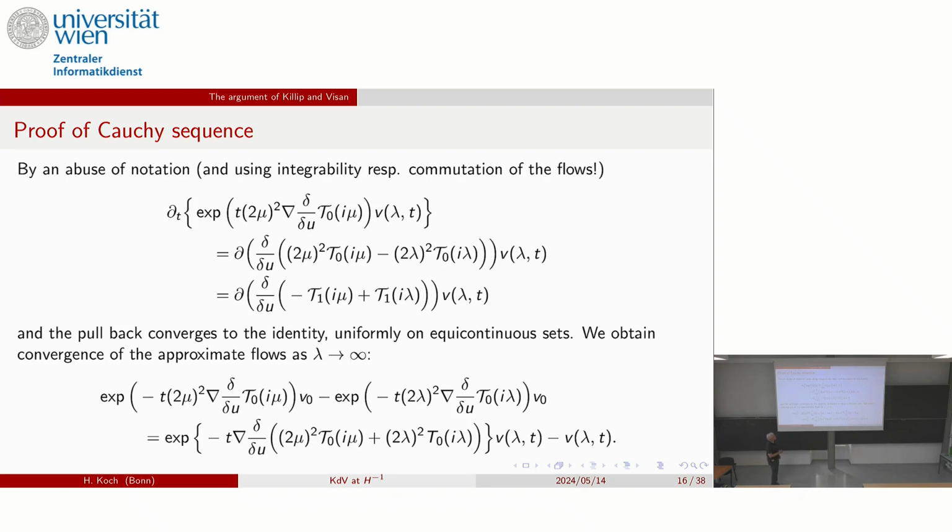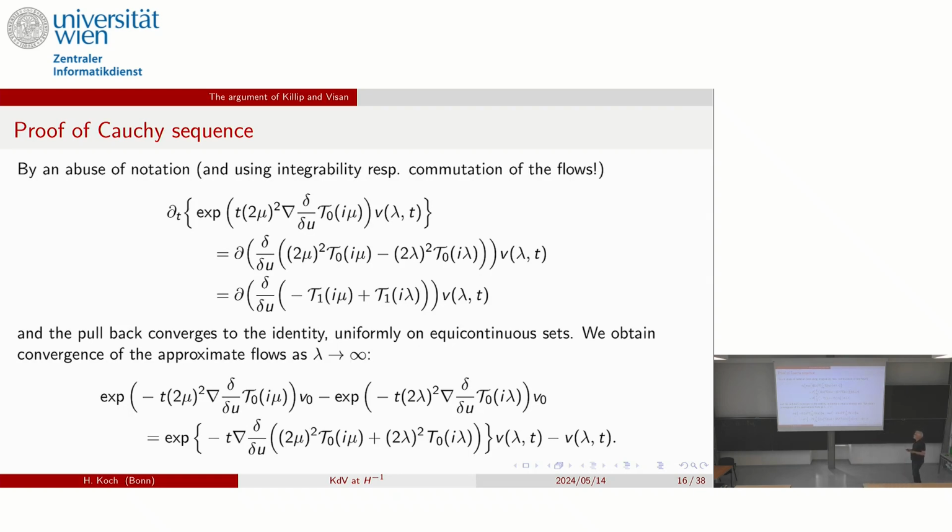But by this expansion, I can write this parameter squared. By this expansion, I can write it as T1 minus T1 plus T1, and that converges to 0 uniformly in H-2 as the spectral parameter tends to infinity. So that gives a Cauchy sequence.